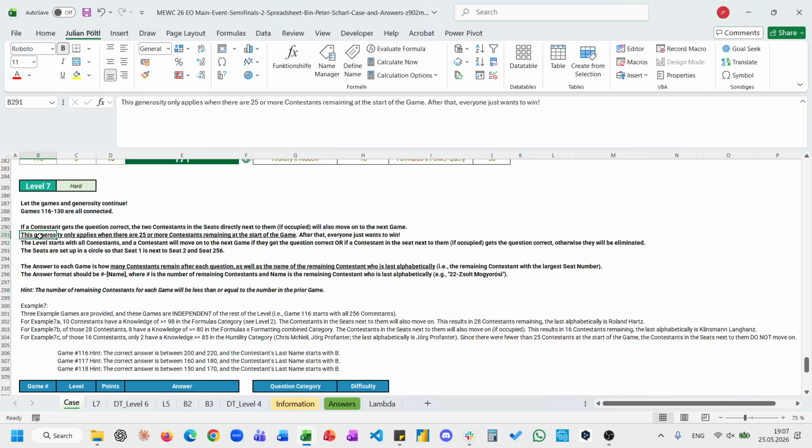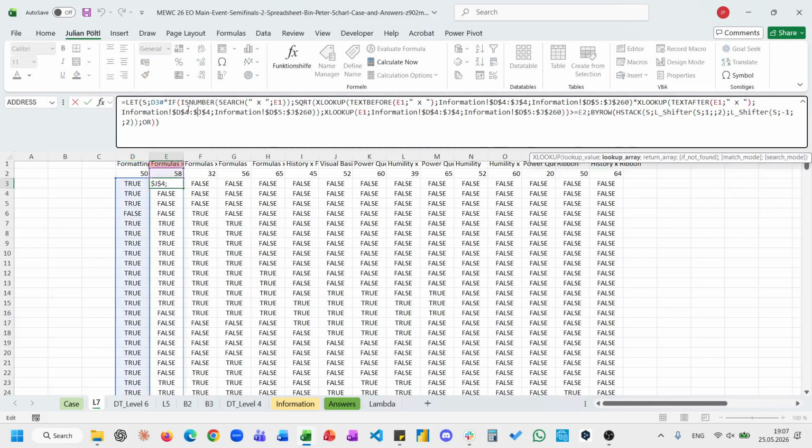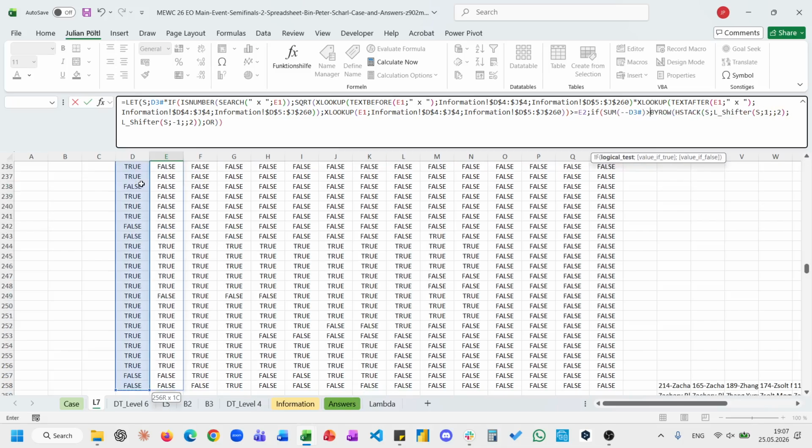Oh. This is something I have to implement. So I think for this is not an issue. If sum minus larger than 25, more than, I will check this in an instant.